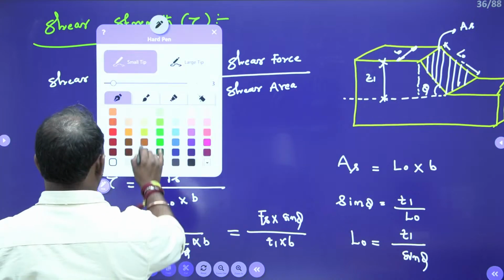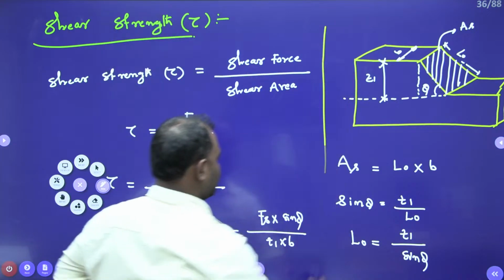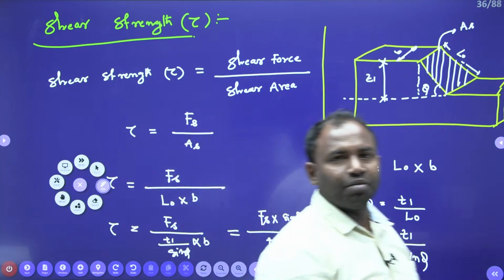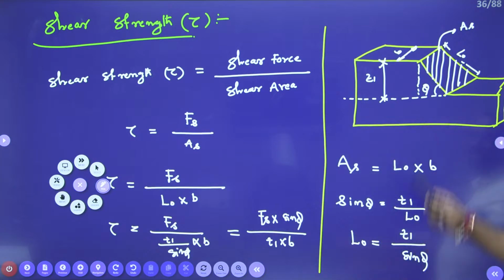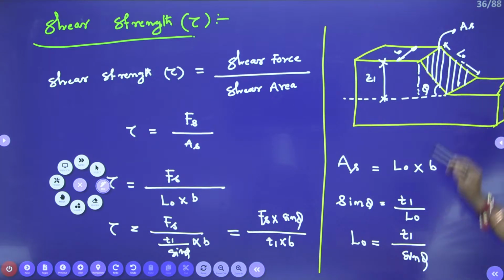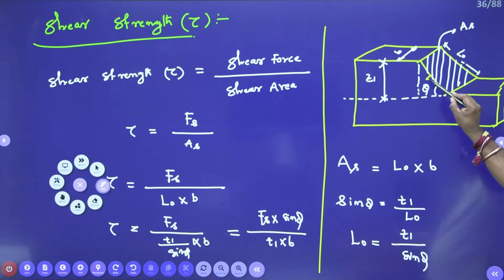Okay. So, to avoid mixing, this is how I will draw it. Nothing is there, guys. It's very simple. See, here is the shear plane, this is the area. That area will be L0 into B. Now, we don't know L0, so for finding L0, I have taken this triangle. From this triangle, sin phi is equal to T1 by L0. This is L0, this is also L0, right.